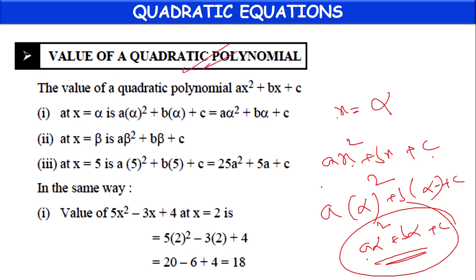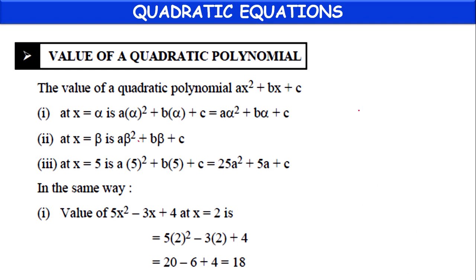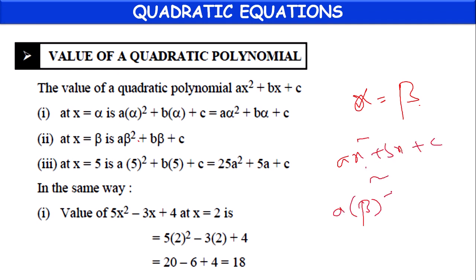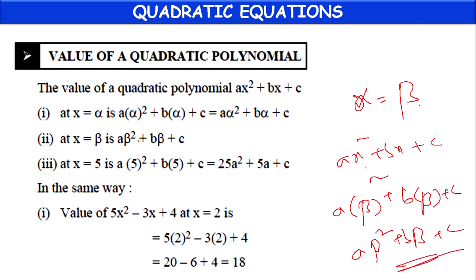Suppose x is beta, what do we have to do? Just keep beta in the place of x: a beta square plus b beta plus c is the value of the quadratic polynomial.